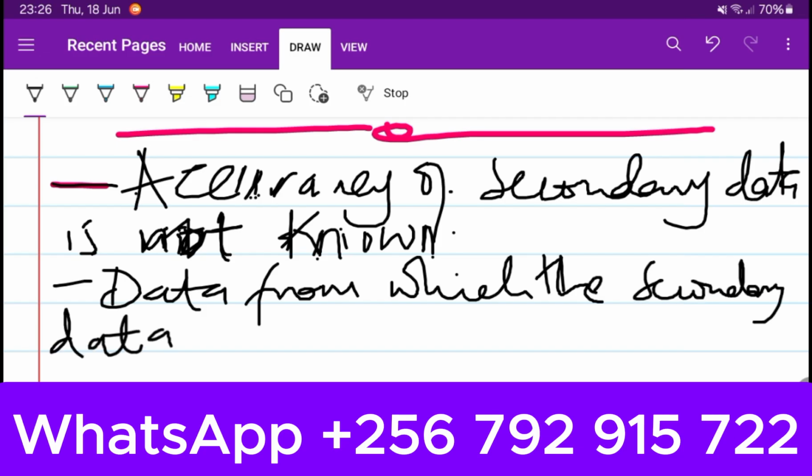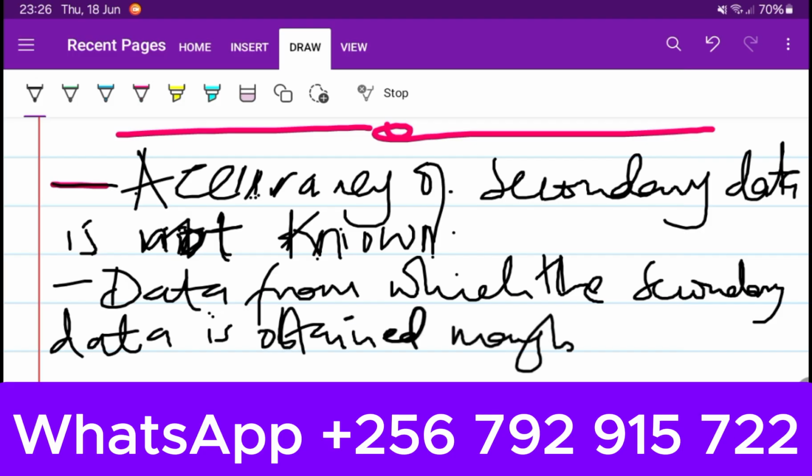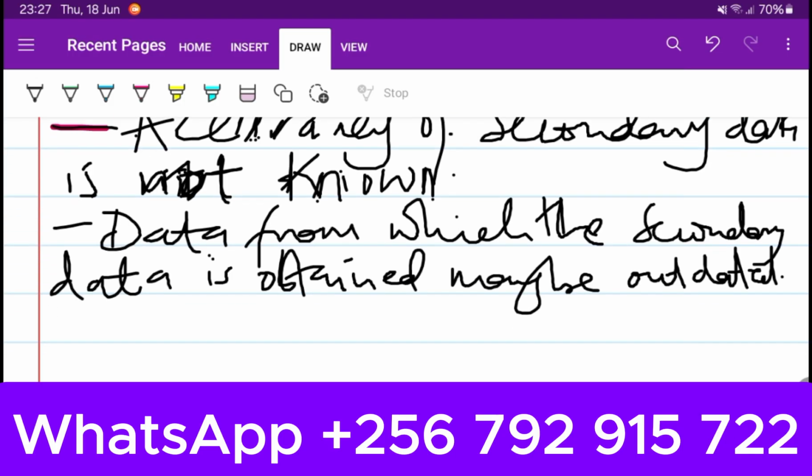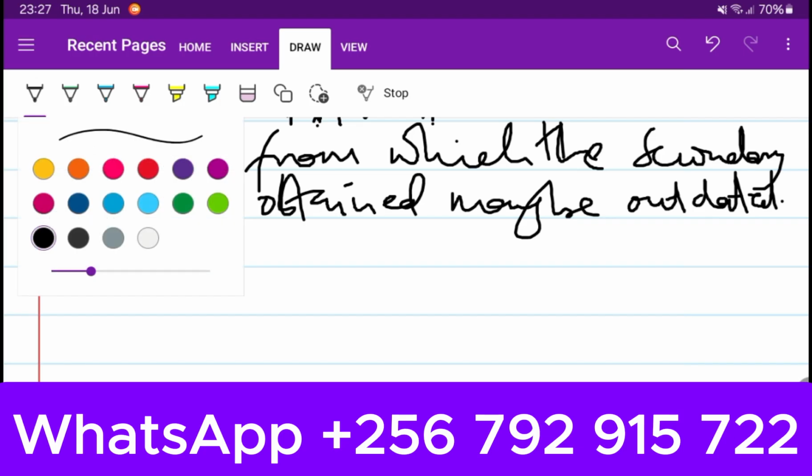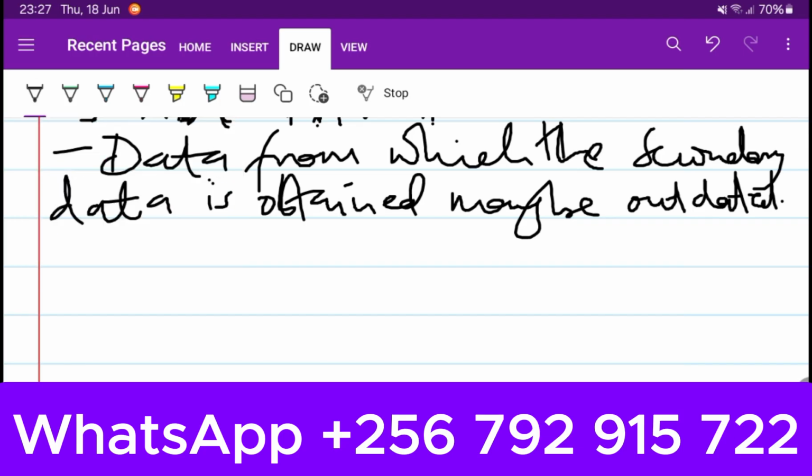Just imagine you have gotten a book that was written maybe in 1995 or 1980 or 1900. You find that those documents have been there for so long. Of course, sometimes the facts don't get outdated, but some of them get outdated.